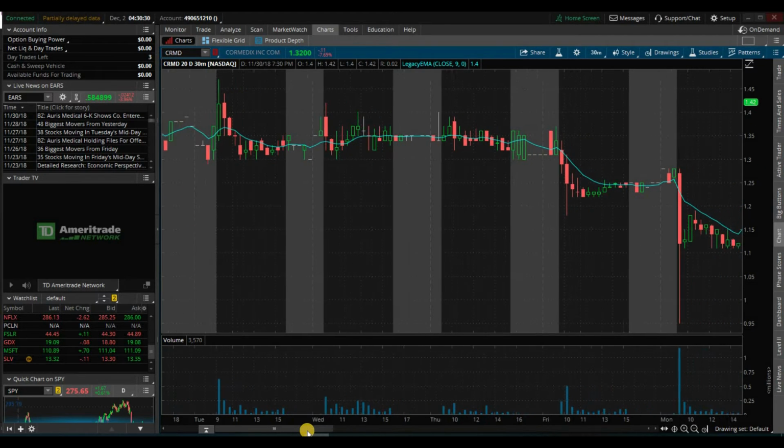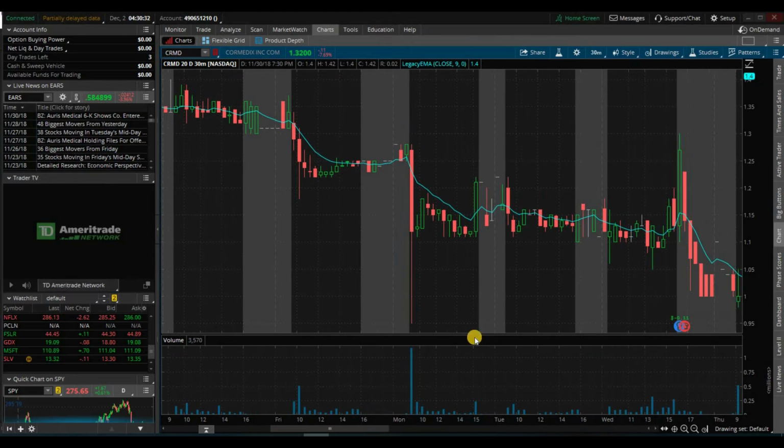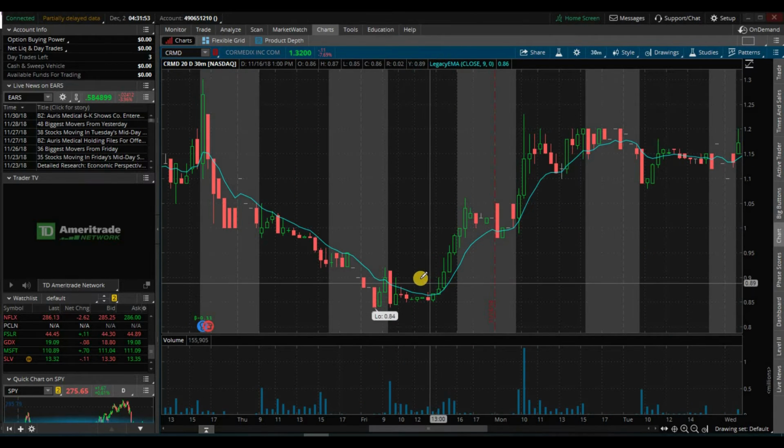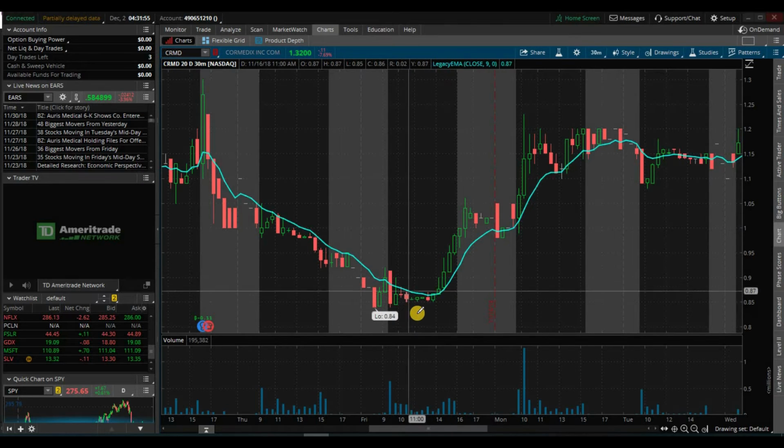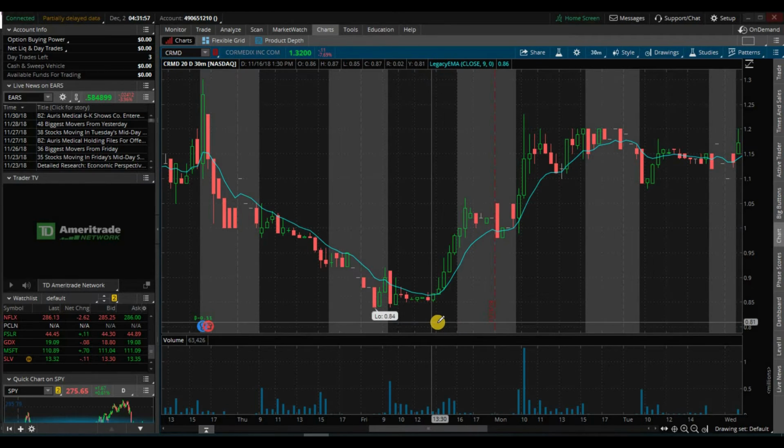So let's keep going forward in the chart. As you can see here, the price continues to dip. Let's see, a couple days later, it's Friday. And on Friday, let's say you notice that, oh, the stock's going up, and it's above the EMA line. This might be a bullish trend, maybe you should buy.